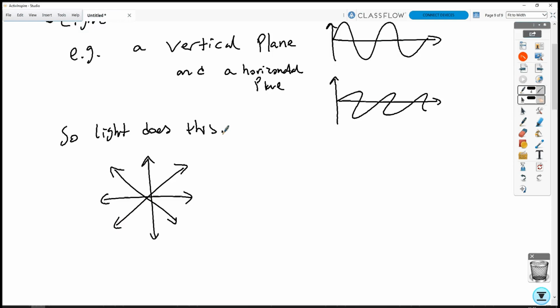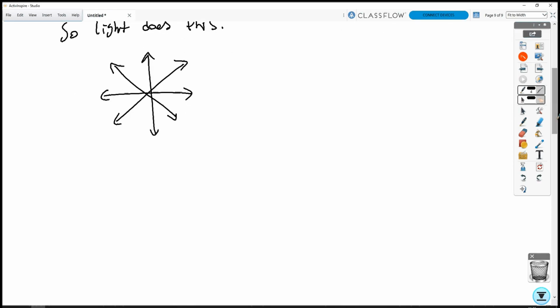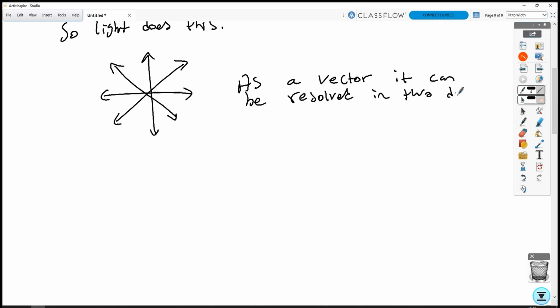So, as a vector, any arbitrary direction can be resolved in 2 dimensions, a vertical and horizontal vector. So, as a vector, it can be resolved in 2 directions.